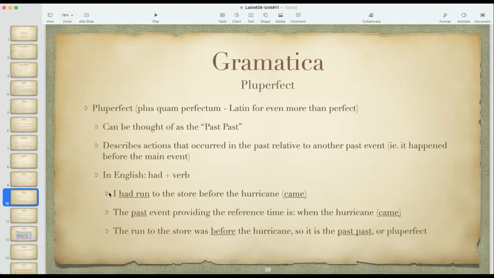Or I could even say I had run to the store before the hurricane, the before there setting the time. So the past event providing the reference time is when the hurricane came or when the hurricane arrived. The run to the store was before the hurricane.